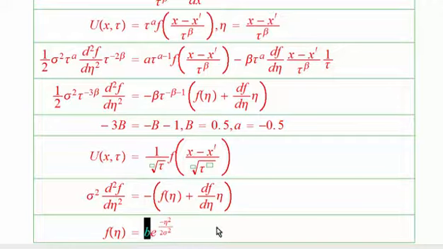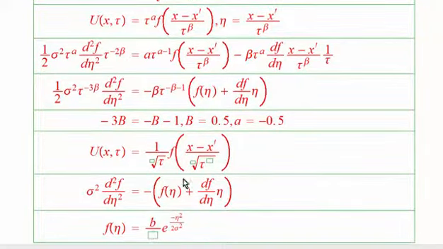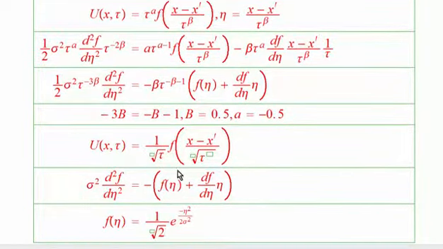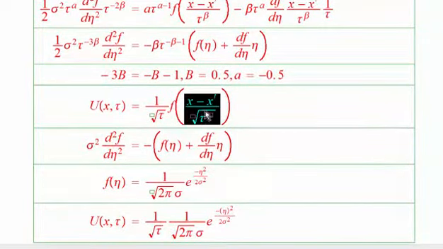And since I get to choose what B is, this looks like the Gaussian curve, the normal distribution curve, so I'm going to choose B so that the area underneath this thing from eta equal to minus infinity to eta equals plus infinity is equal to 1, so that it's a probability distribution. I'm just going to make that a 2 pi under here. And I know what eta is supposed to be. It's supposed to be this.